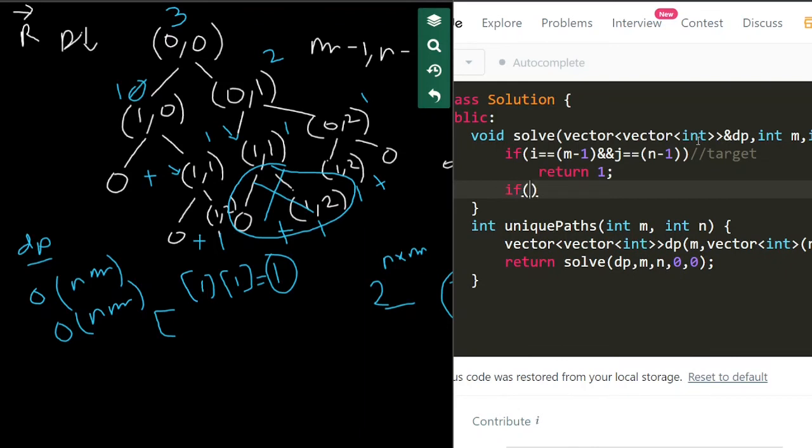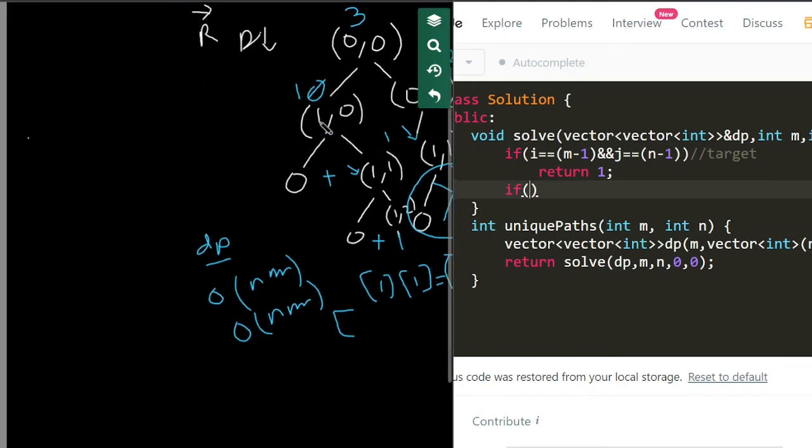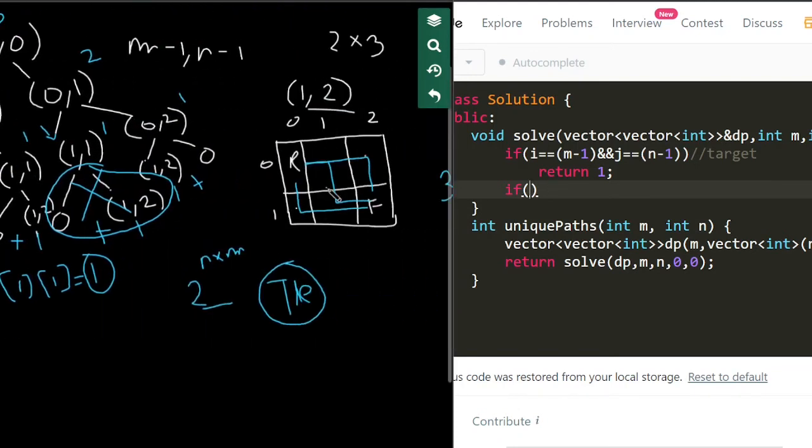But if the robot continues to go downwards, then what will happen? We find that i keeps on increasing, so we need to maintain our i.